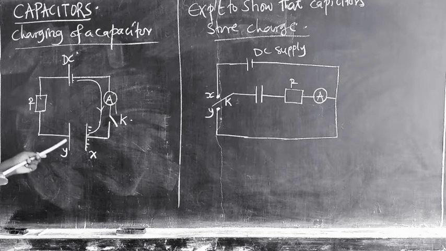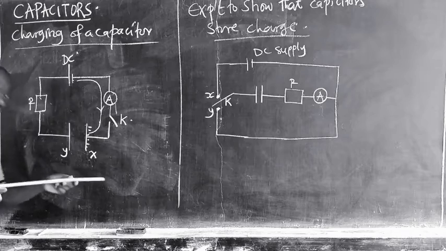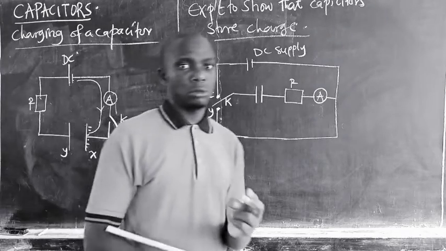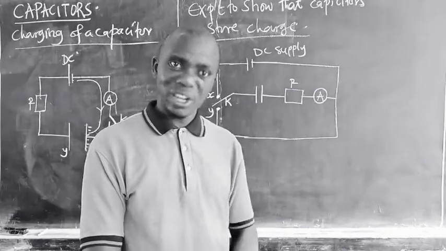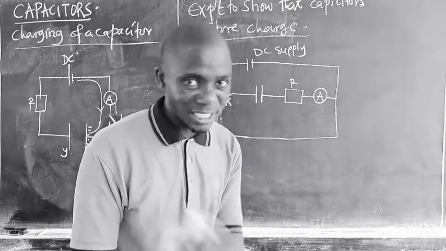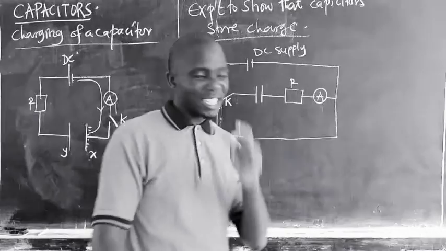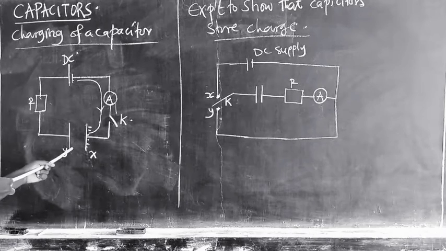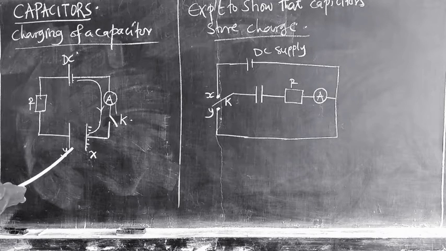The negative charges from within this plate, because any neutral atom has equal negative and equal positive charges, so when negative charges leave this one, they leave their excess positive charges.